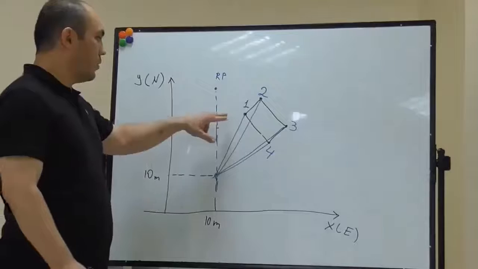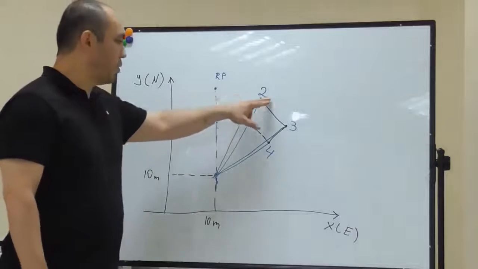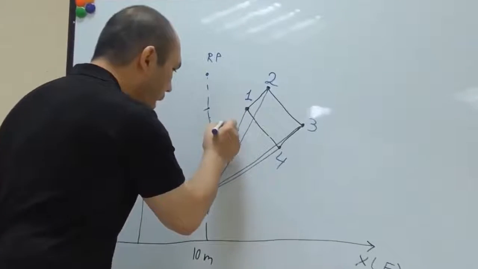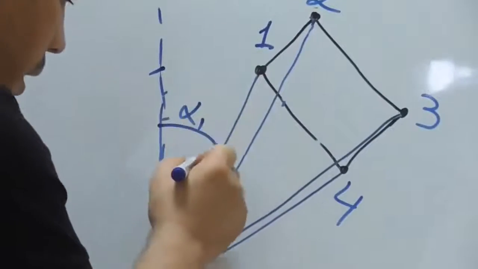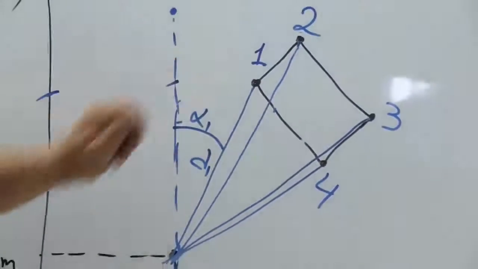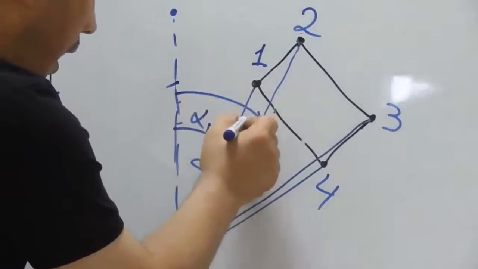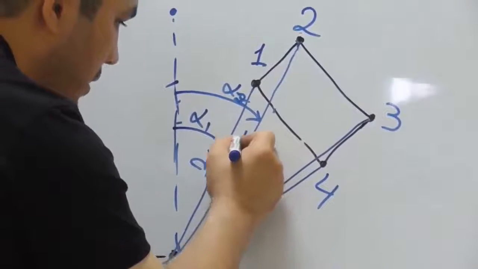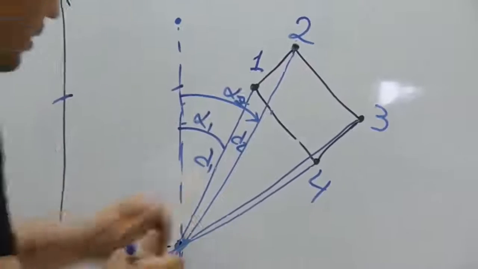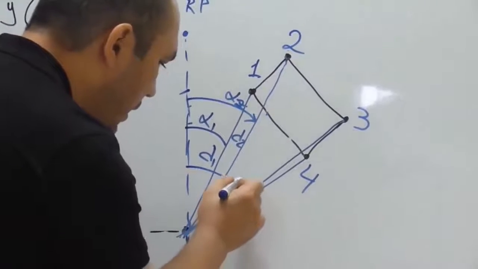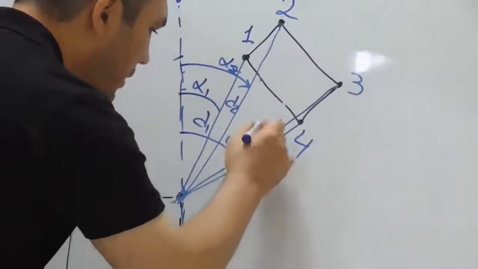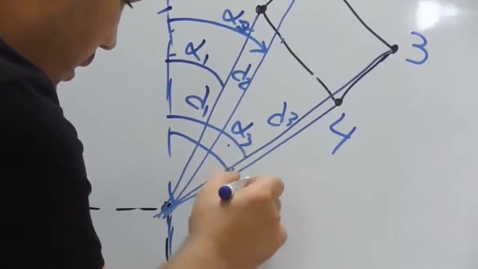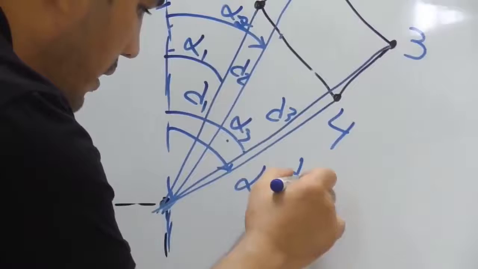To find the coordinates of points 1, 2, 3, 4, I need two parameters: the bearing angle alpha 1 and distance D1, alpha 2 and D2, alpha 3 and D3, alpha 4 and D4.